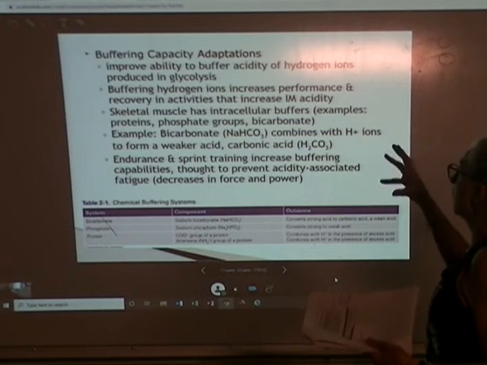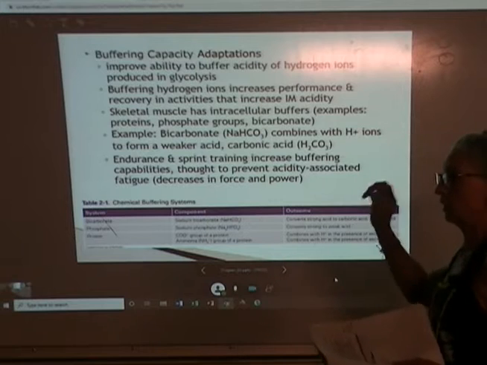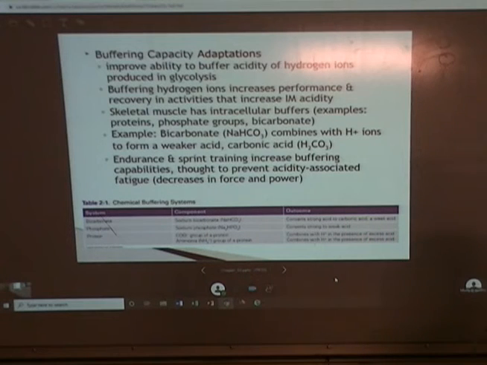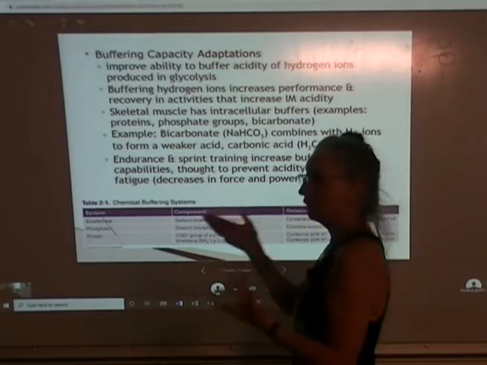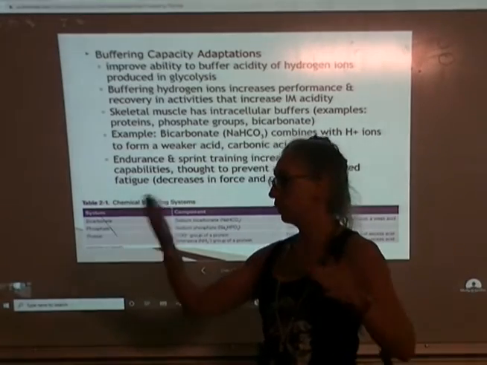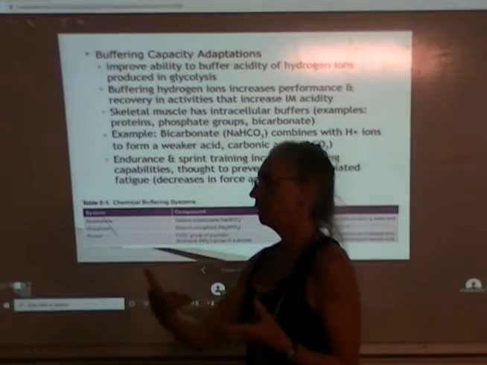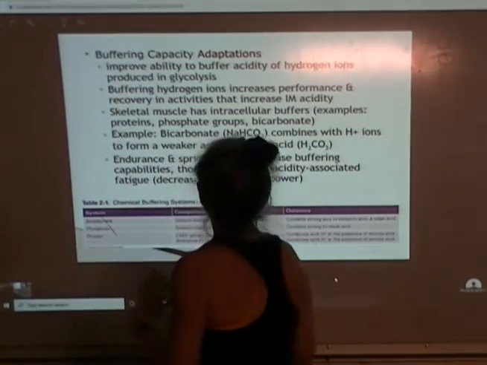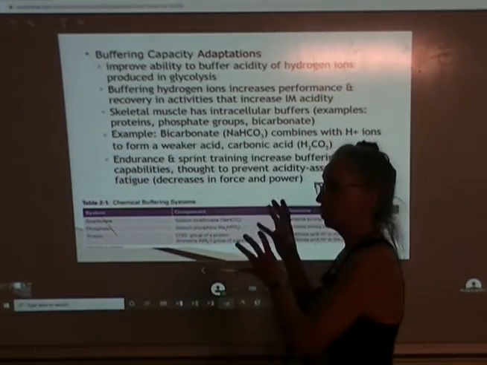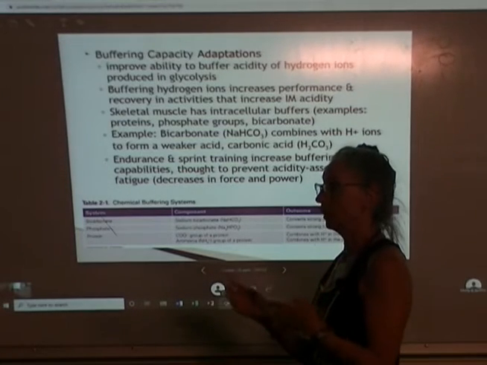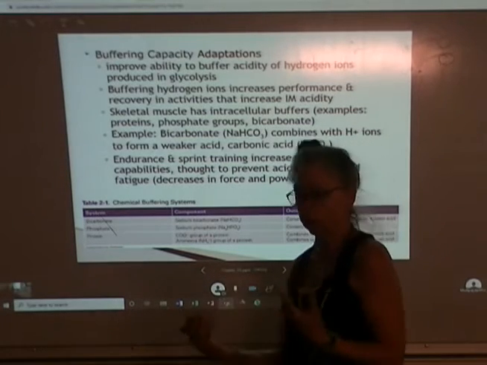So one of the strategies then that sprint type athletes developed was bicarbonate loading. So as we had the creatine loading for system 1, for system 2, athletes that use system 2 predominantly will often bicarbonate load.